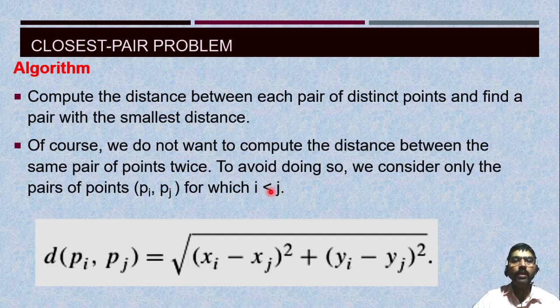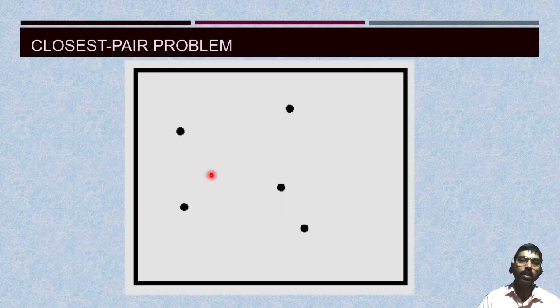If i is less than j, then apply the distance formula. If j is greater, don't apply the Euclidean formula, because you already found the distance from Pi to Pj. There is no need for Pj to Pi. So this is the algorithm.